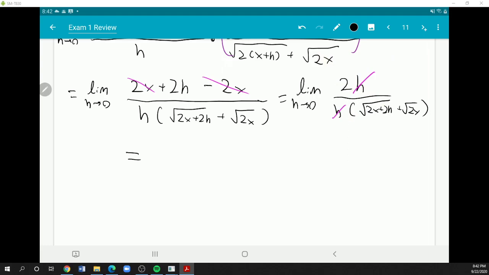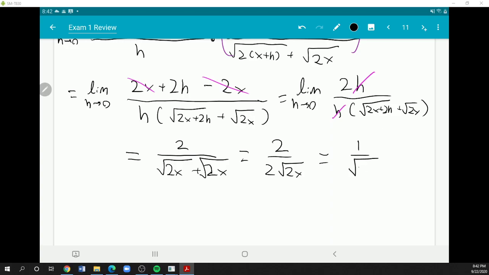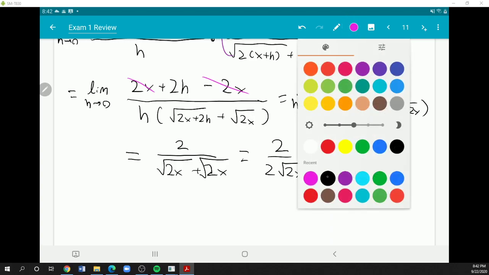So now if I plug in, I get 2 over root 2x plus root 2x. I did 2 steps kind of at once there. I rewrote it without the h's anymore, and then I plugged in h equals 0. So I get 2 over 2 root 2x, which equals 1 over root 2x. And that's our final answer.